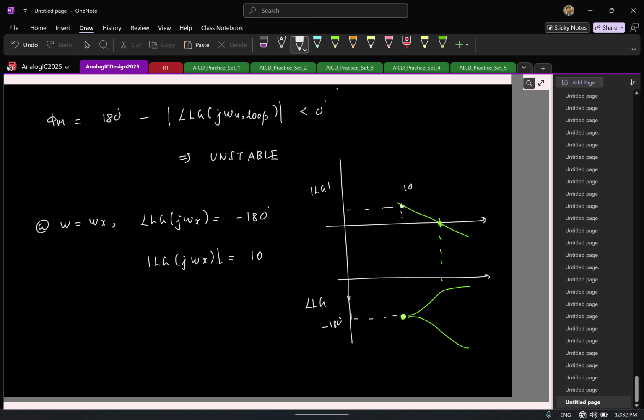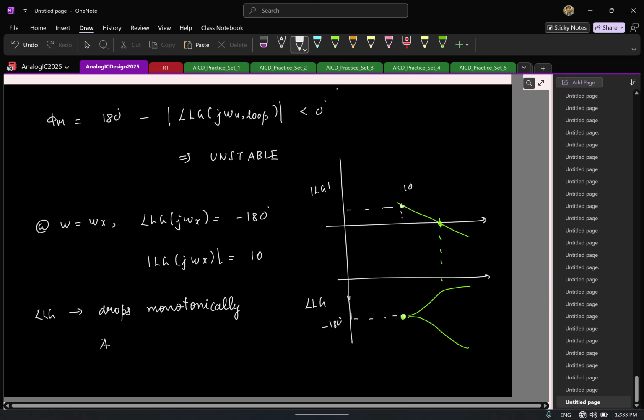And again, if the phase has to drop continuously, do you think it can have left half plane zeros? No. If the phase of the loop gain is dropping monotonically, that is, the phase is continuously reducing, not increasing at all, which means there cannot be any LHP zeros, I will say that this is an all pole system.